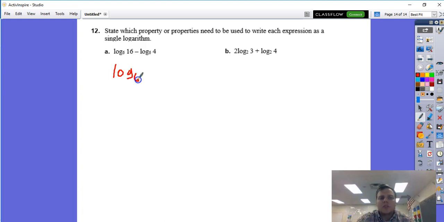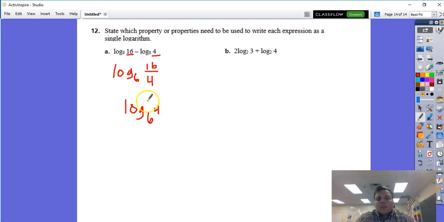But you can rewrite it as 1 log, and since they were 2 logs subtracting with the same base, you can make it 1 log where now the inside pieces are dividing. So 16 over 4. And if you were simplifying this problem, you could write this, which would then be 4.